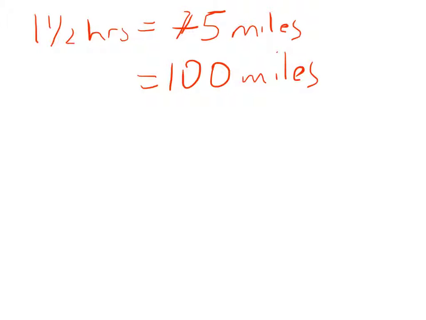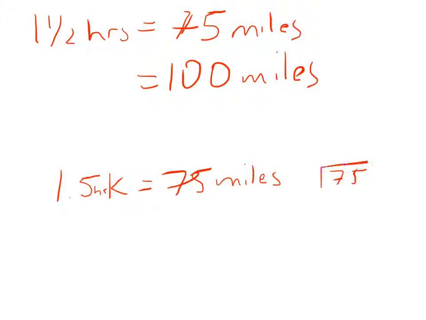Well, again, we can take 1.5 times the constant k equals 75 miles. This is supposed to be hours here. So now I divide 75 divided by 1.5. Going to move the decimal one place over here.